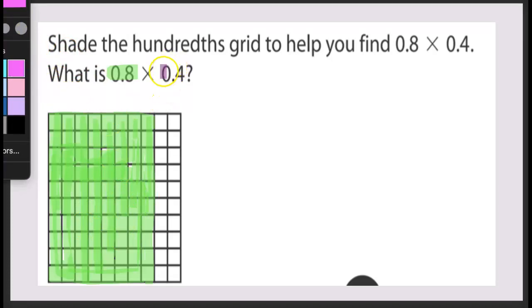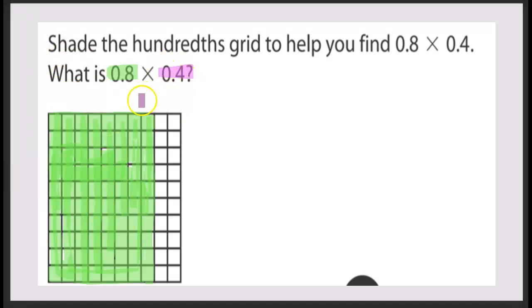All right, and then these are going to be my rows. I'm going to have 4 rows because we know that these equal a tenth. So 1/10, 2/10, 3/10, 4/10. So here's 4/10. Sorry, it went over a little bit on the 5th one, but just bear with me. I know it's a little difficult to color these in and be nice and neat.